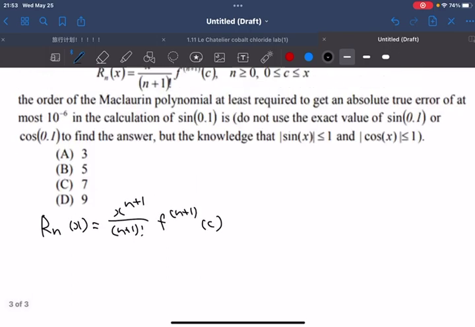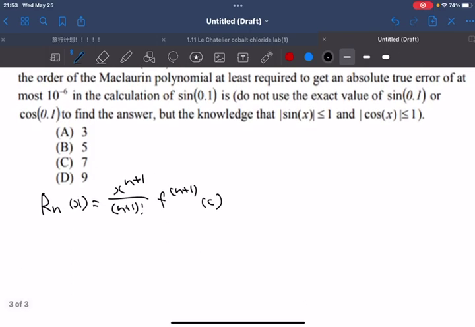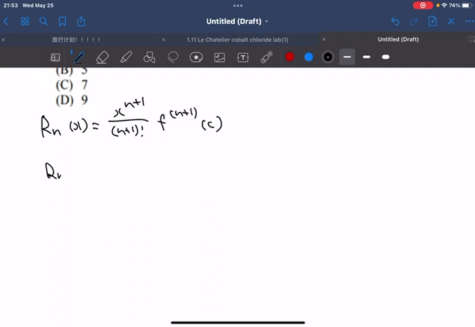We're going to use 0.1 for x. So R_n becomes 0.1^(n+1) over (n+1) factorial.